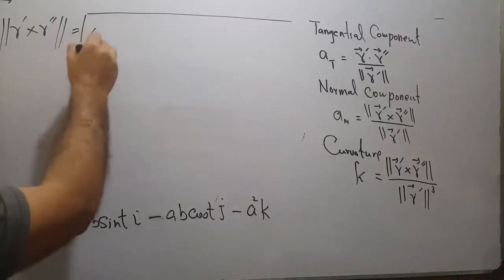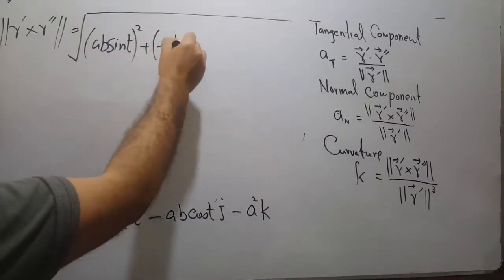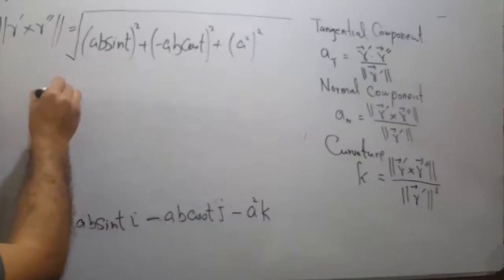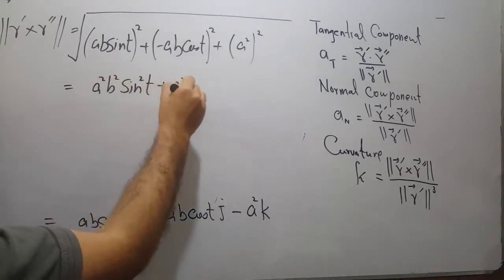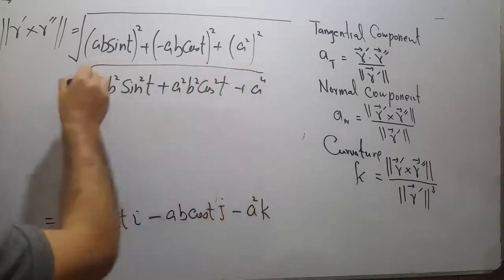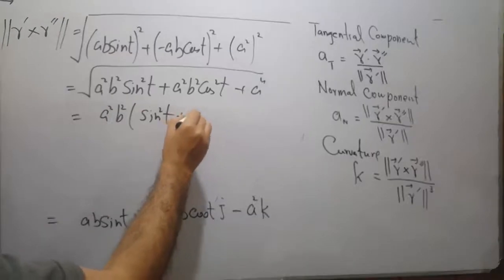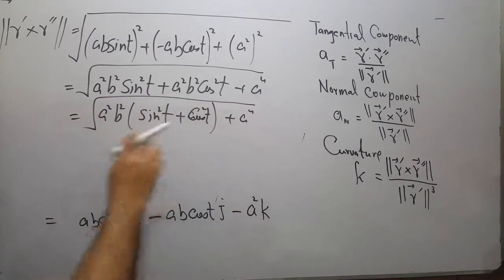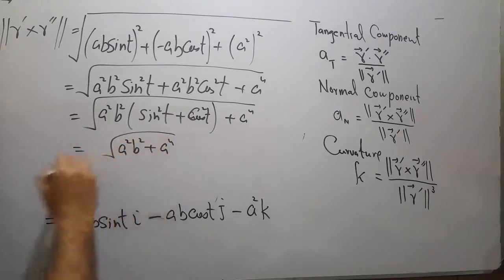To find the magnitude, we take the square of each component and add them up. That gives us a square b square sine square t plus a square b square cos square t plus a to the fourth. Again, if we take a square b square common, we are left with this one, which equals 1, so we have a square b square plus a to the fourth.